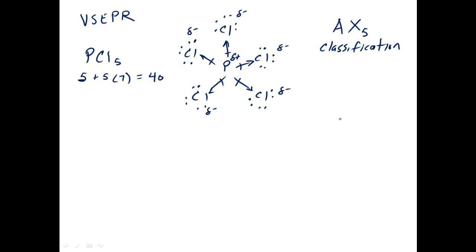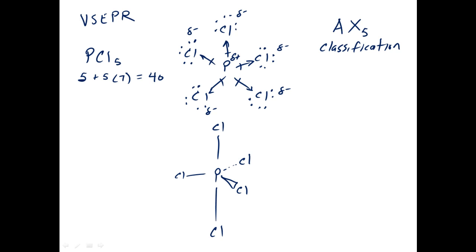Well, for phosphorus pentachloride, that geometry is going to look like this. Phosphorus in the middle, chlorine here, and a chlorine here. And then there's a chlorine here. There's one that's in the same plane coming out of the screen at you, and there's one going back behind the screen, signified by the dashed line.